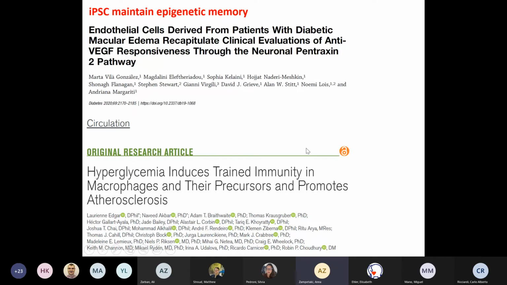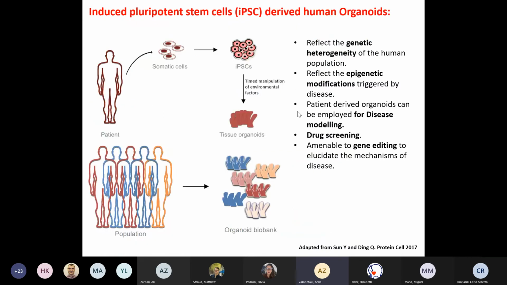Several groups now have reported that cells derived from a disease condition like diabetes, for example, continue to behave as diabetic cells, even if they are cultured under normal conditions. So this is an additional advantage, and patient-derived organoids can be employed for disease modeling. We can also do drug testing, and they are amenable to gene editing to elucidate the mechanisms of disease.